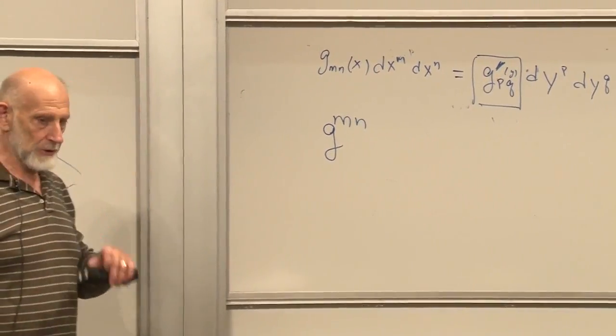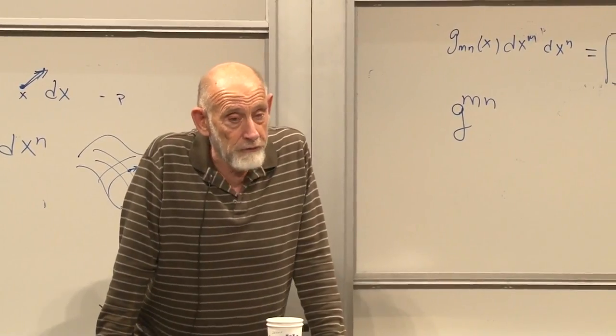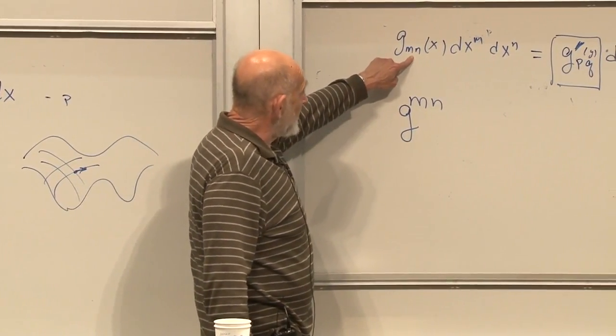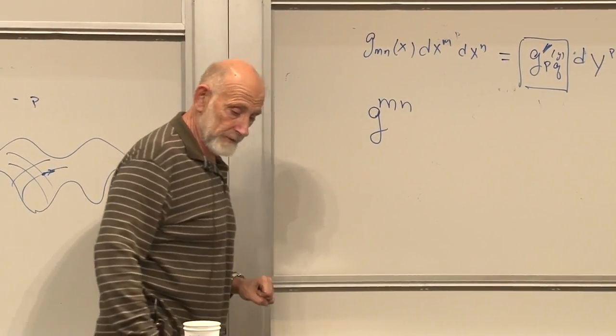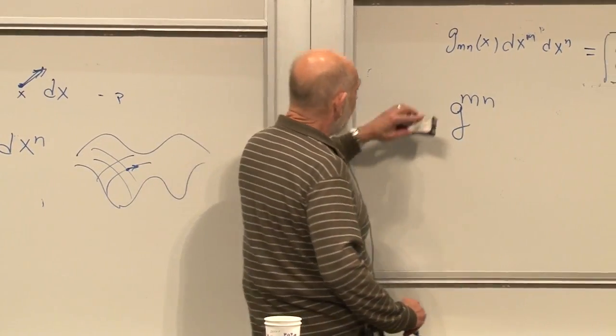G^mn with indices upstairs is also a tensor, and it's defined by the defining property that as a matrix, it's the inverse of the matrix with two lower components. Now, how do you write that? This is the last thing we're going to do tonight.